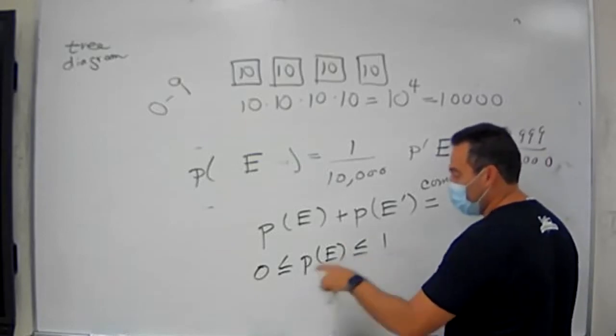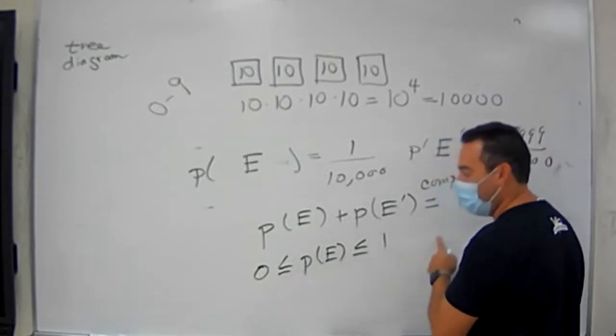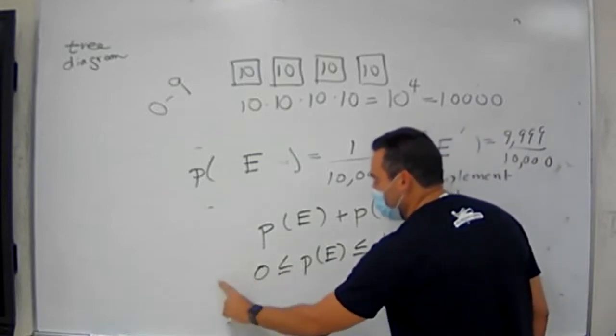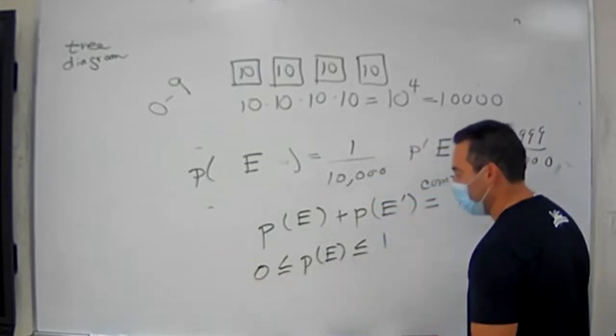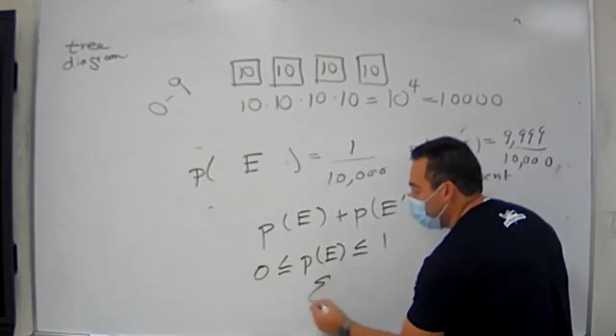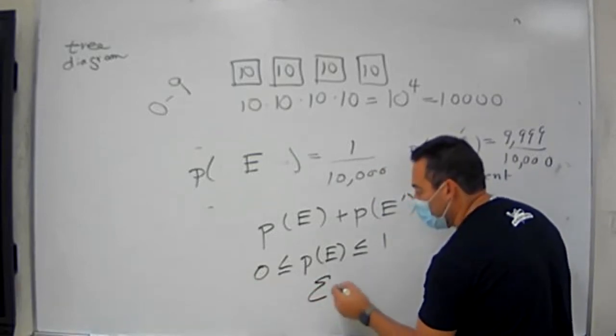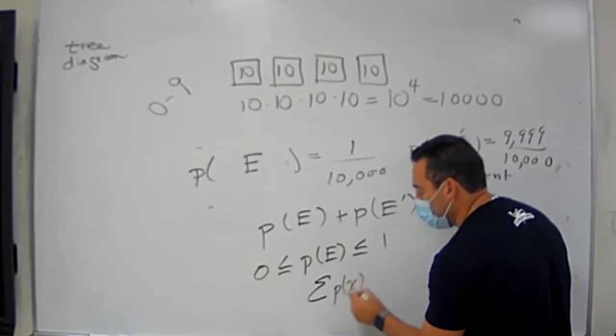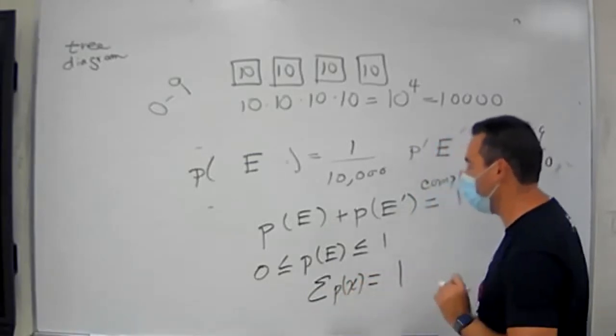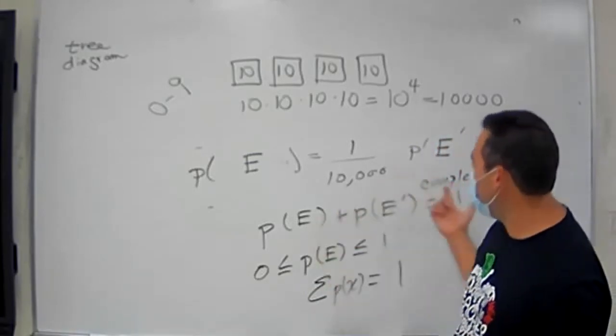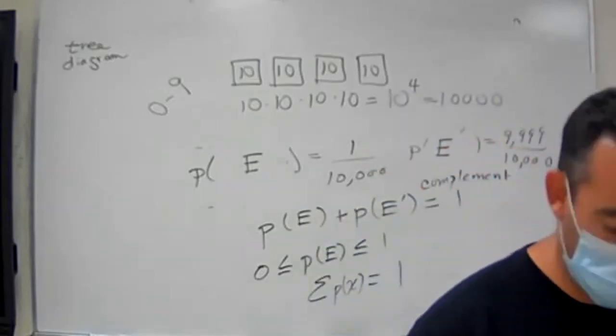So it can't be bigger than 1, and it can't be less than 0. It can be 0, 1, or anything in between. And when you add up all the probabilities, they must equal 1.